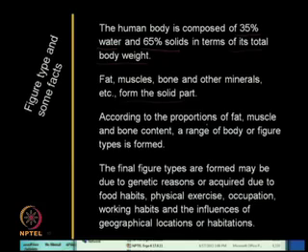According to the proportions of fat, muscle and bone content, a range of body or figure types is formed. The final figure types may be due to genetic reasons, or acquired due to food habits, physical exercise, occupation, working habits and the influence of geographical locations or habitations.